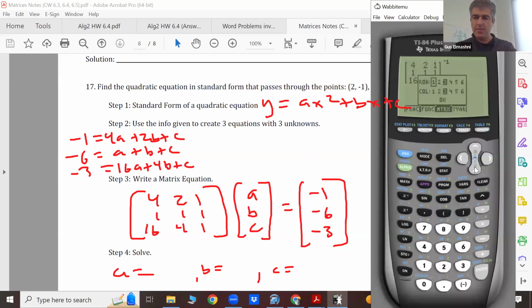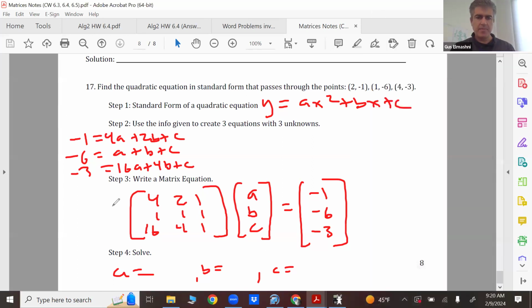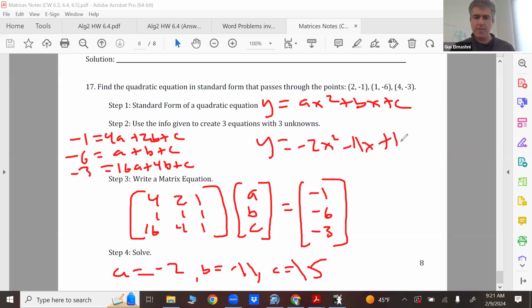Alpha zoom. -1, -6, -3. Do it. And you get that. Make sure I do it all right. Yeah, -2, 11, -15. So the equation is y equals -2x squared minus 11x plus 15.